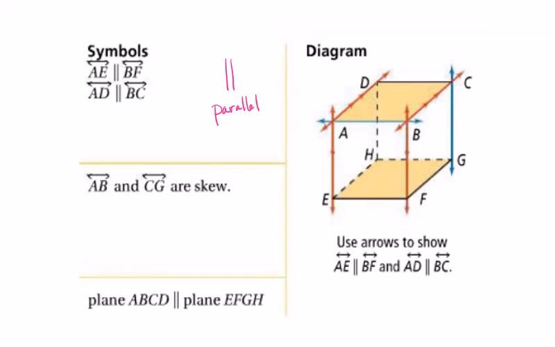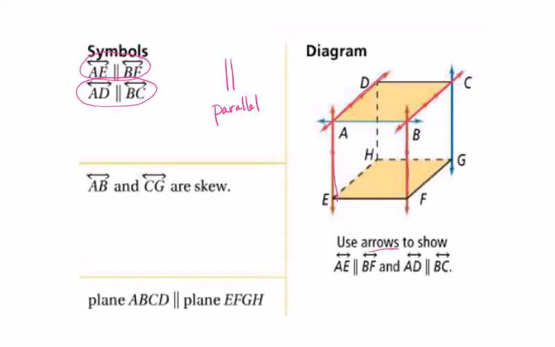So here we'd say line AE is parallel with line BF, line AD is parallel with line BC. So in this diagram, AE is parallel with BF, and line AD is parallel with line BC, right?